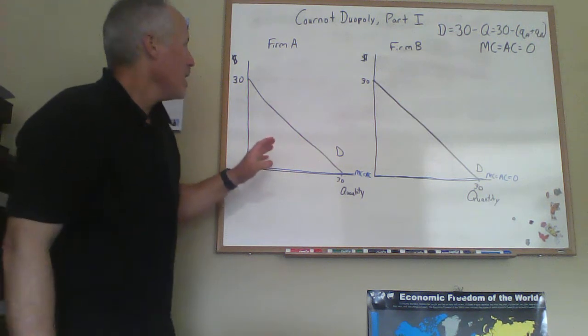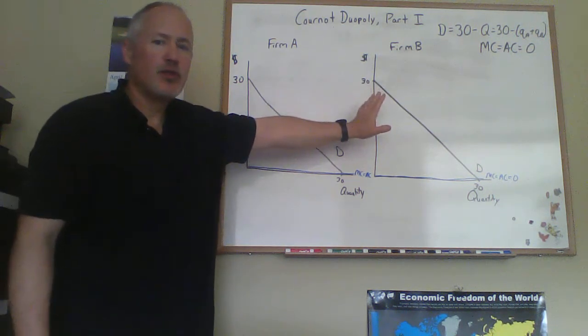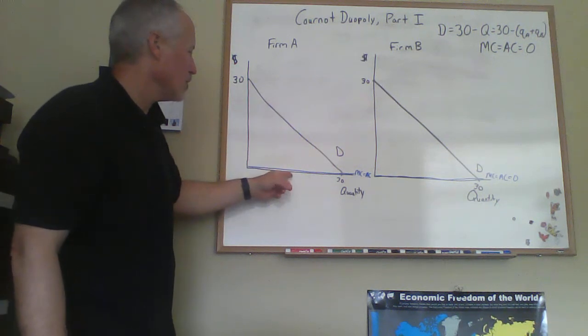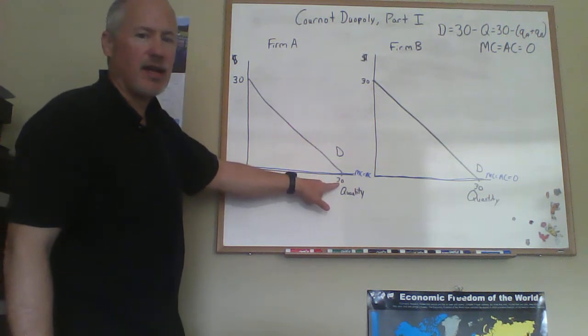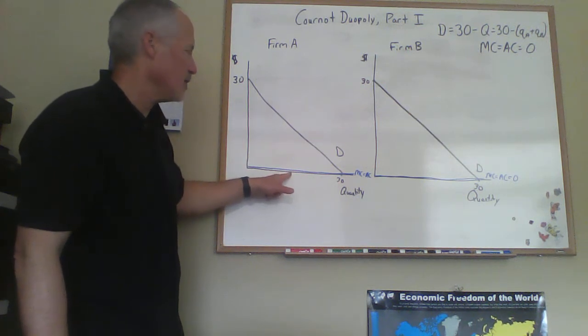So if firm A was a monopolist here and there was no firm B, well, facing this linear demand curve, we draw in the marginal revenue curve that would be twice as steep, since the demand curve comes over and intersects the x-axis at 30. I mean, the marginal revenue curve would come in and intersect at 15.